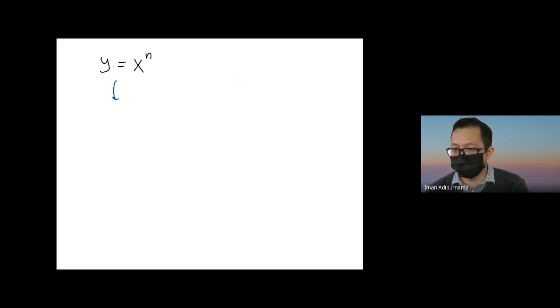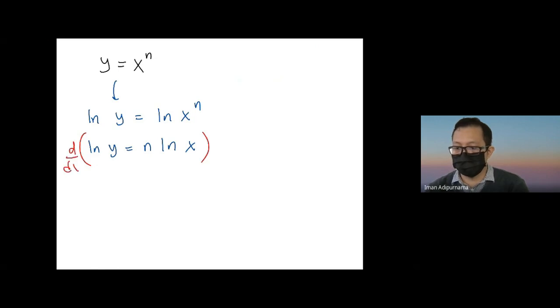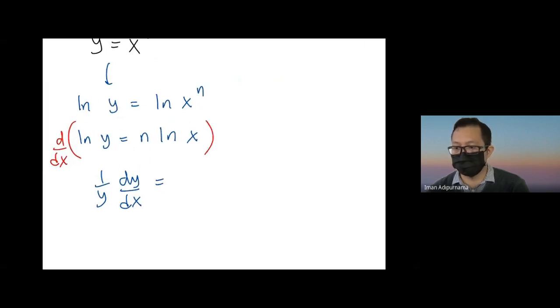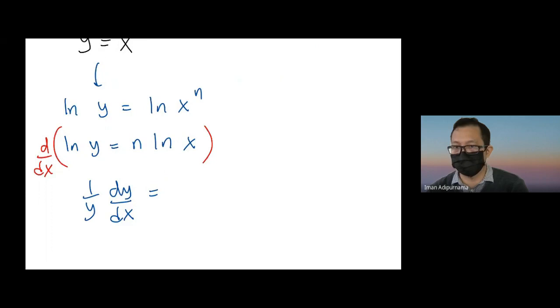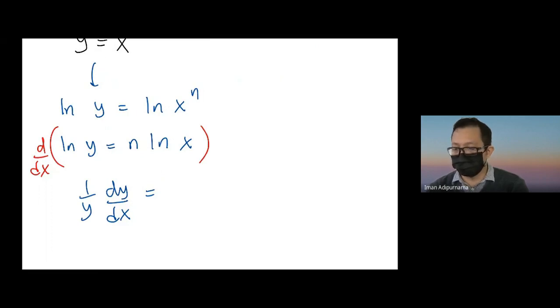So we are going to take ln also here. And then we take the implicit differentiation. This will be 1 over y dy dx equal, let me make it a little bit bigger, n and then 1 over x.